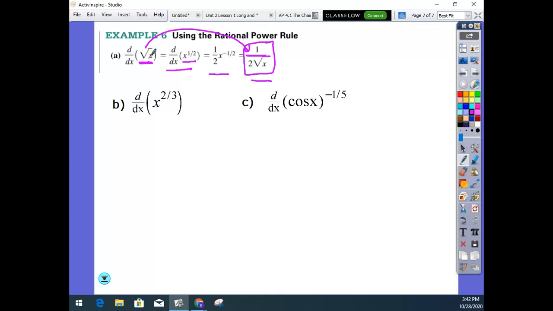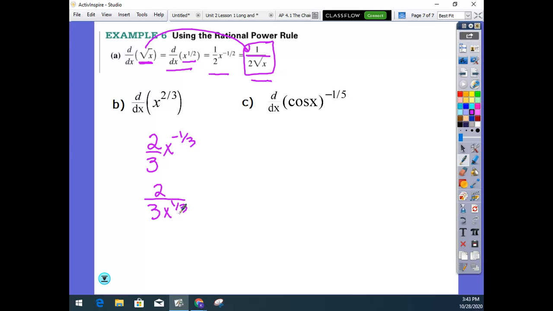All right, but let's just do some rational stuff. The derivative of x to the 2/3, we still just drop the exponent down, subtract 1, 2/3 minus 1 is negative 1/3, which is the same thing as 2 over 3x to the 1/3.